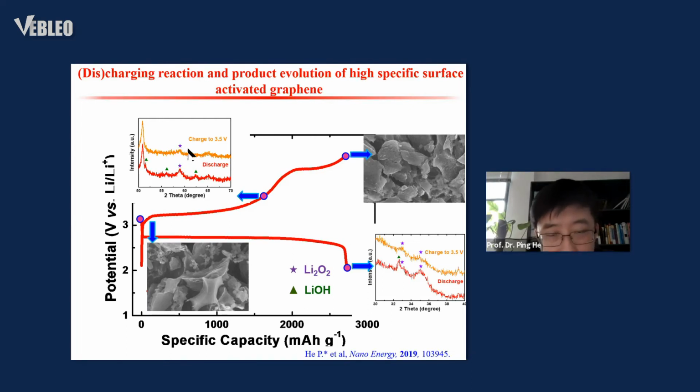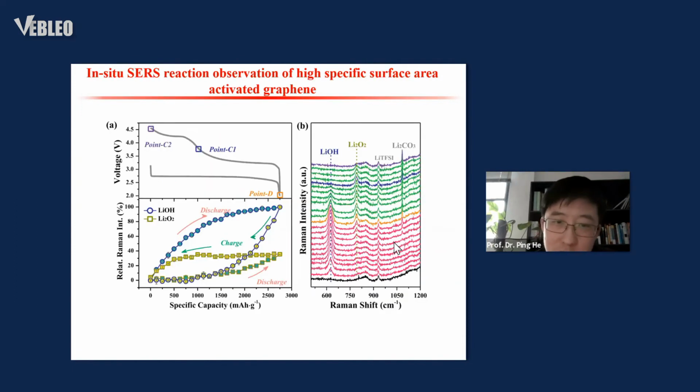Yeah, peroxide. So we also can do the in situ Raman test. You can see this after discharge, this point D, is this curve, and this blue point is this curve, and at the end of charge, this curve.